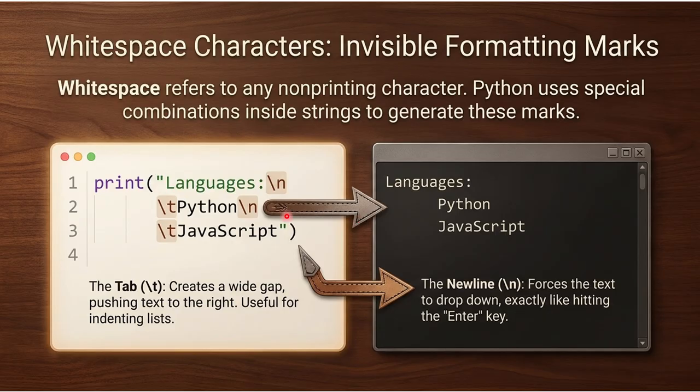So you have Python. After that, again we put slash n, so it moved to the next line. Then we gave slash t, it gave a tab, pushed to the right, and we typed JavaScript. This is what we see in the console: Languages, Python, JavaScript. Now let's move on to the next slide.